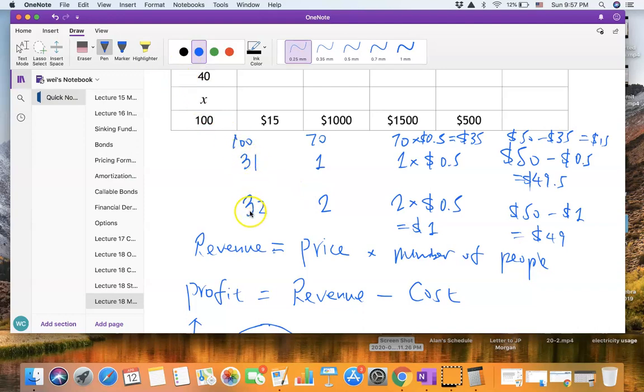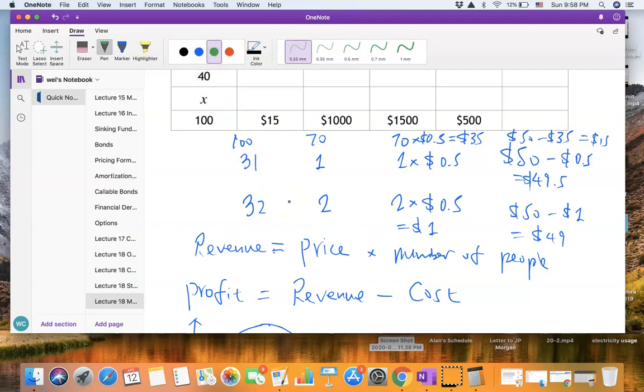When there are 32 people, because 32 is 2 more than 30, the discount is this and the price is this, right? When there are 100 people participating, because 100 is 70 more than 30, the discount is 70 times 0.5 and the price is 50 minus 35.